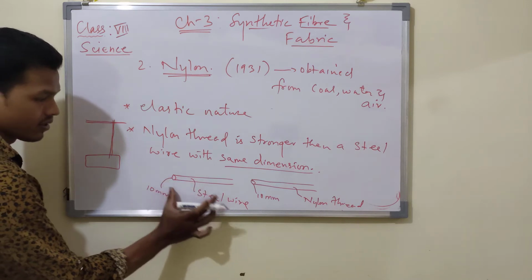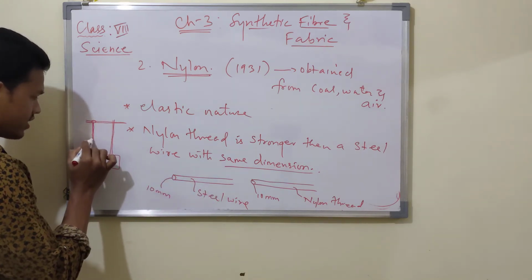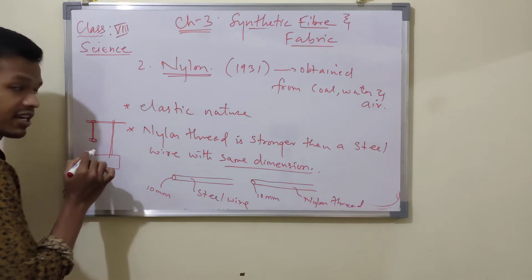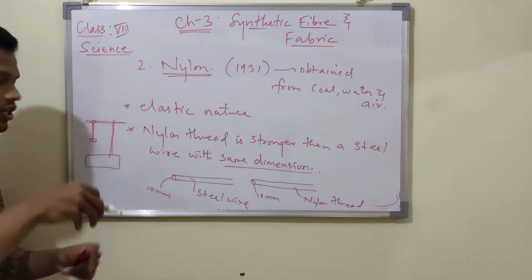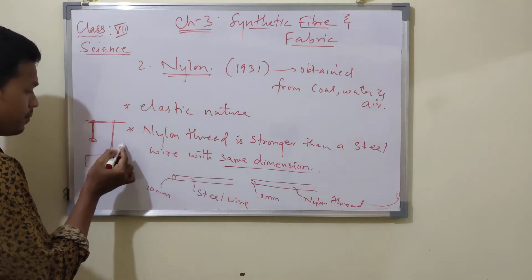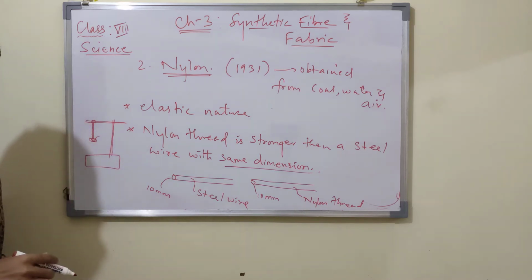You tie this steel wire first here, and at the end you make an arrangement so that we can keep a weight on it. So tie this steel wire and put some weight on it one after another.